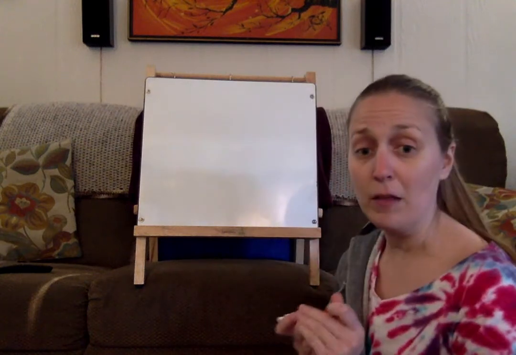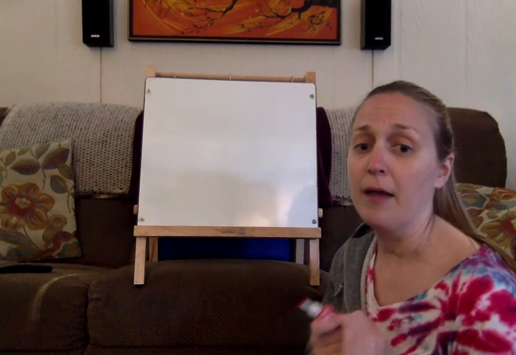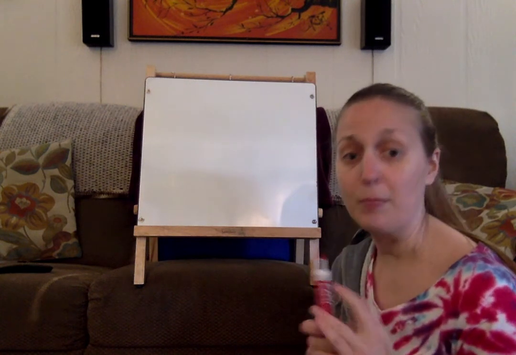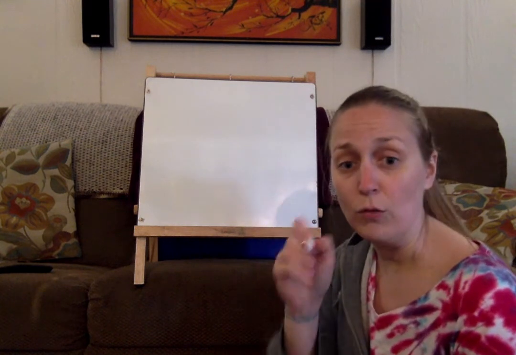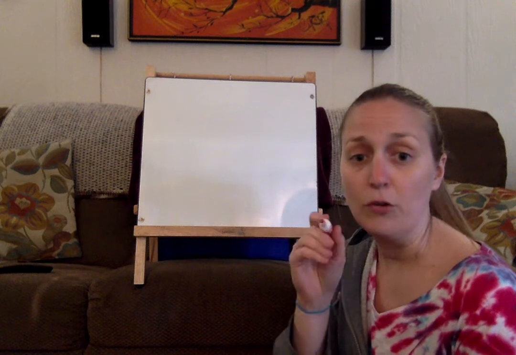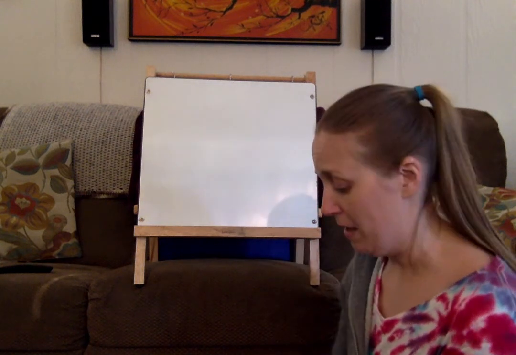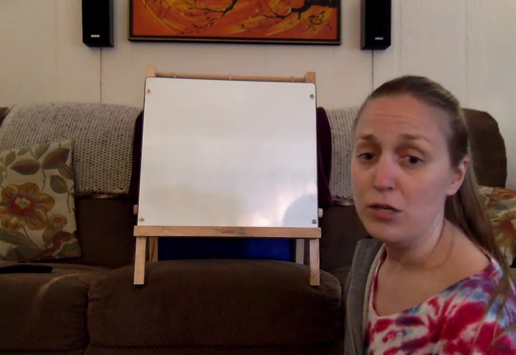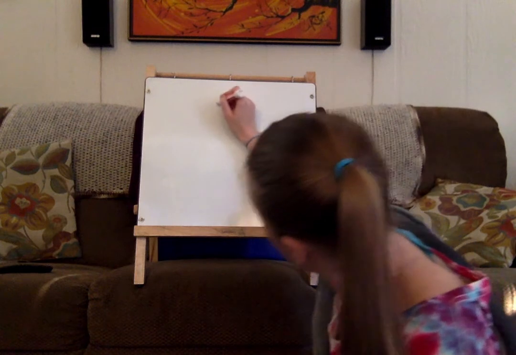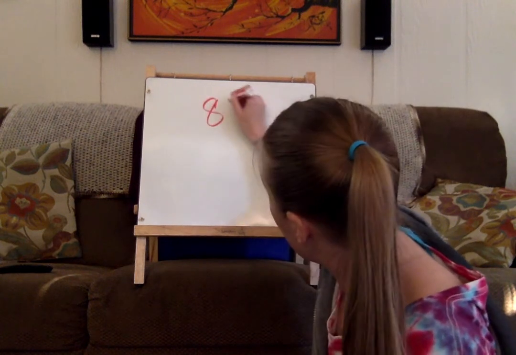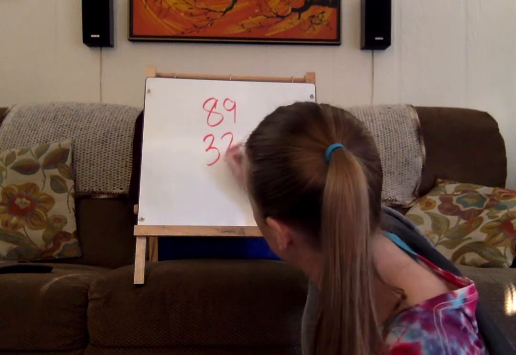I wrote my addition equations green and my subtractions I'm going to write red, because for those of you that learned the technique from your teacher about circling your plus signs green or your minus signs red, that's why I'm doing it this way. So Mrs. Mansfield is going to write a subtraction equation, 89 minus 32.